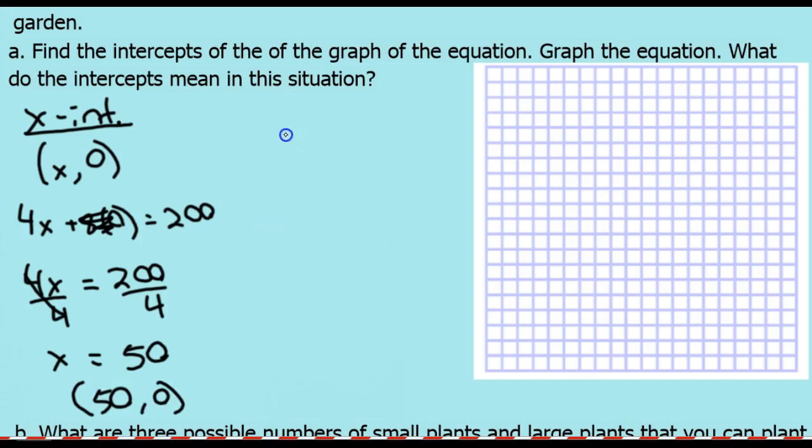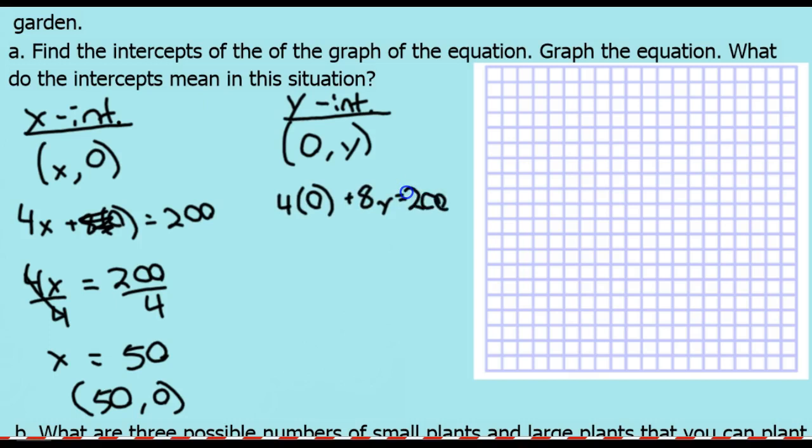Now if we do the same thing for our y-intercept, we have 0 and then something y. So this time we're putting in 0 for x. So 4 times 0 plus 8y equals 200.